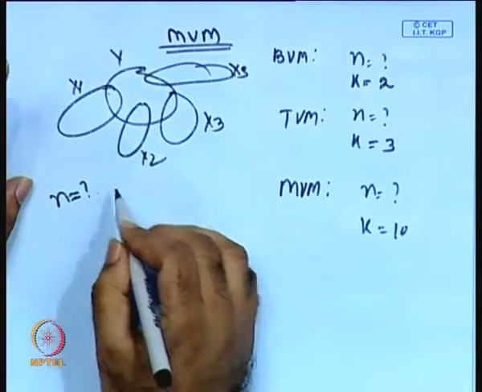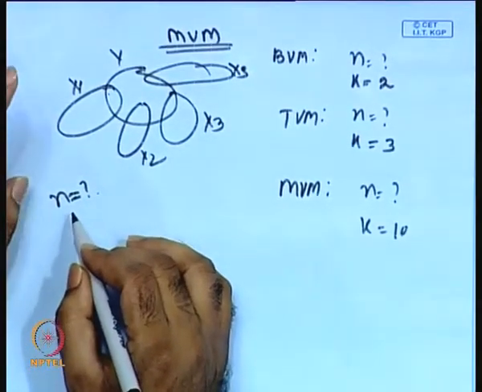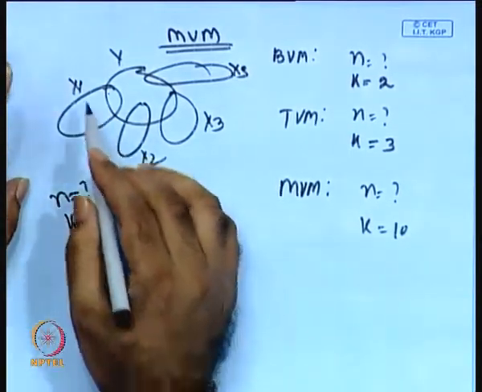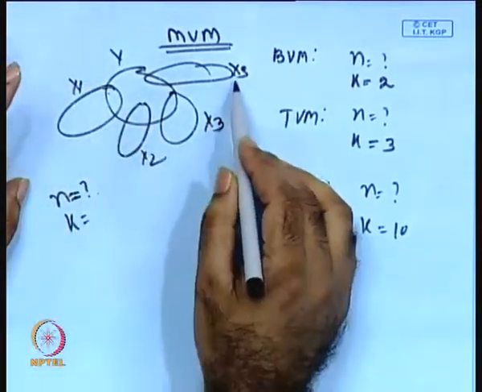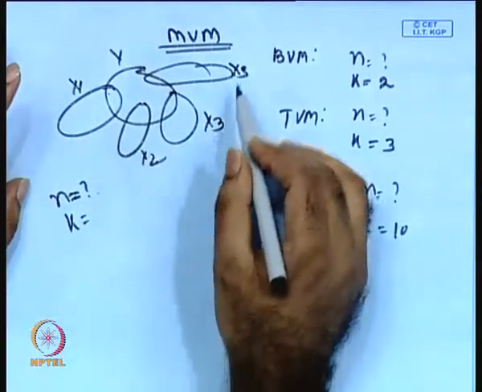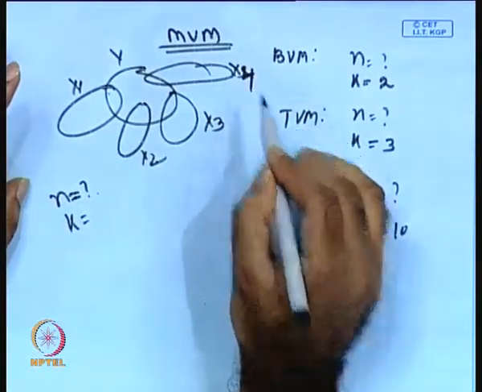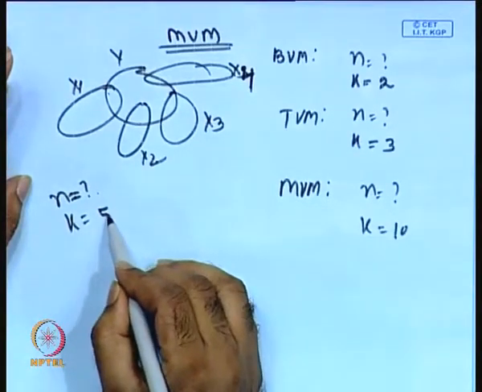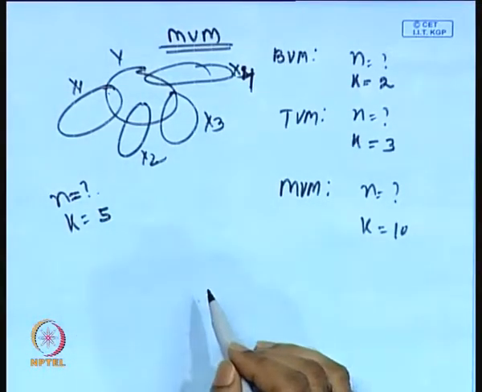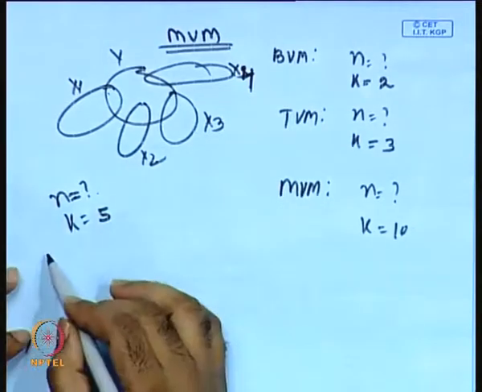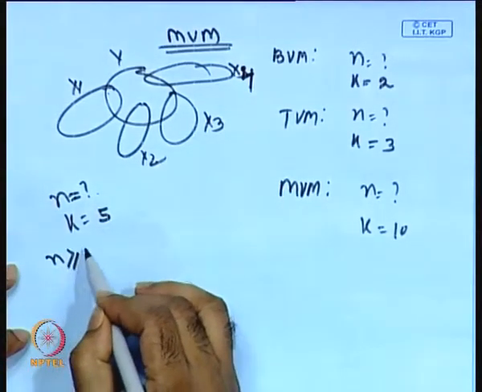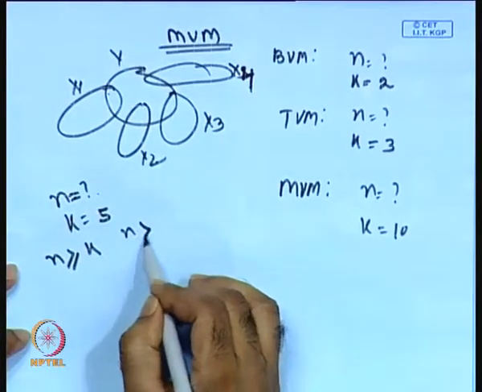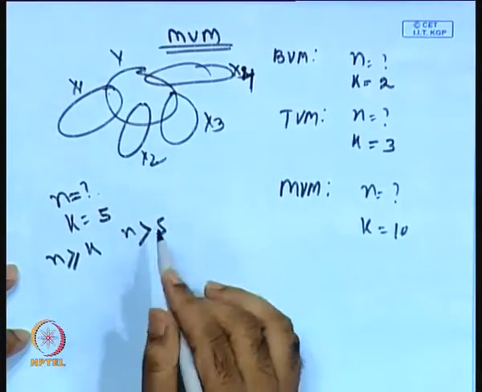Of course it should be substantially greater than k. But here k is how much? x1, x2, x3, and this should be x4, let's say. So altogether there are 5 variables here. So the essential condition is that n should be substantially greater than k.